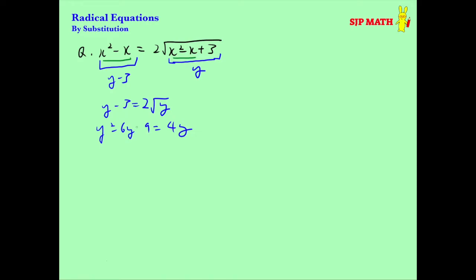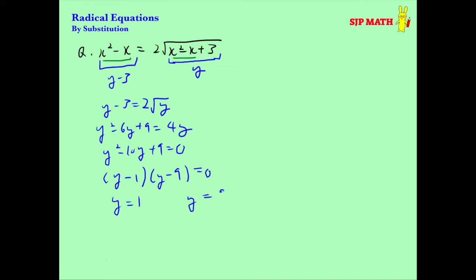Yeah, 6y plus 9. And then it's y squared minus 10y plus 9 equals 0. So this would be y minus 1 times y minus 9. So y is equal to 1, or y is equal to 9. So there we go. But we're not done, because we're not looking for y, we're looking for x.